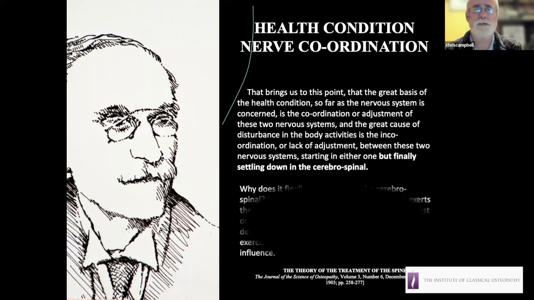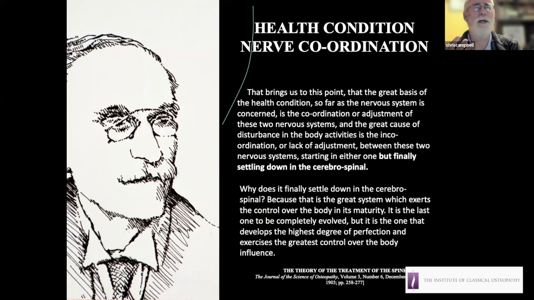And this is again coming back to the body adjustment as being such a gentle, quiet, rhythmic movement, reimposing rhythm where it doesn't exist, taking that disturbance in that cycle and adjusting it better, and gently, quietly leading the body back to health. Why does it settle in the cerebrospinal? There's the great system which exerts control of the body in its maturity.